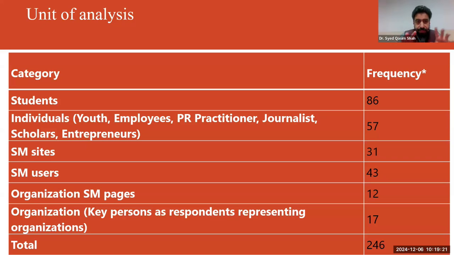Within a theme we will find a certain unit of analysis. So if that is social media, then social media sites, social media users, social media pages, social media organizations, total 246 units of analysis we found on the basis of social media. Frequency means how many times this unit of analysis has been used in the research.